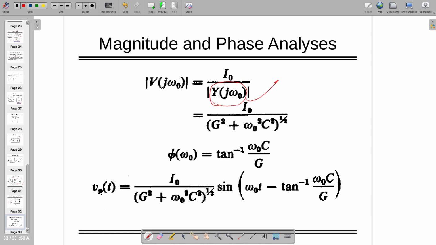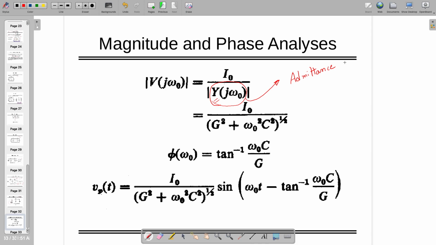What is y of j omega 0, by the way? Have you taken this notation ever? Y is known as admittance. It's similar to transconductance, but transconductance is only one value. This is with respect to frequency.